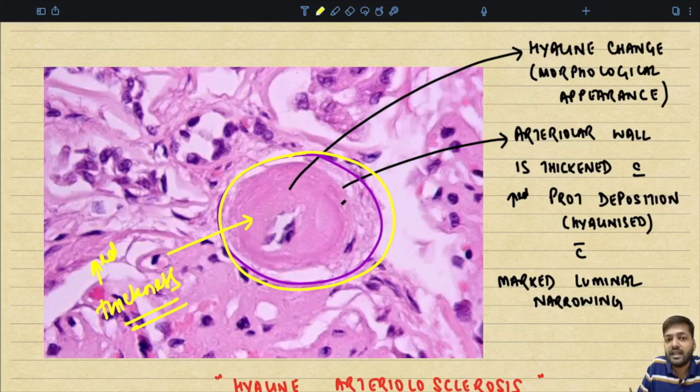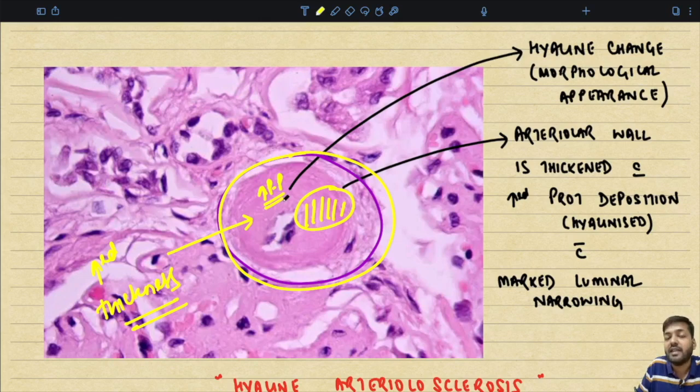Morphologically, this increased thickness appears as excessive eosinophilic deposition, and this is called a hyaline change. Now remember, hyaline change is just a descriptive term to describe this particular morphological appearance, and it occurs because of excessive plasma protein deposition across the damaged endothelial cells. So a lot of plasma proteins have deposited over here.